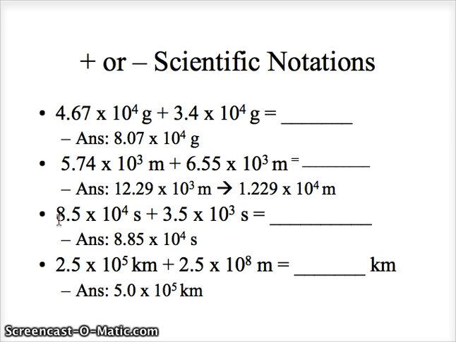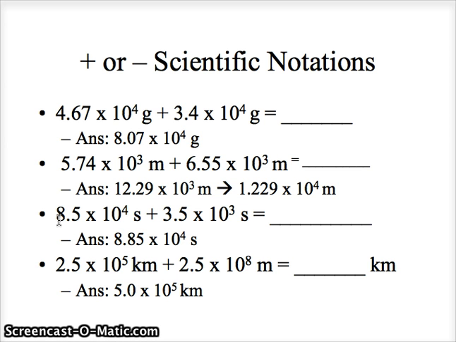So how am I going to change 3.5 times 10 to the third seconds to some base number value times 10 to the fourth seconds? You might have guessed already that you're just going to move the decimal point. Since we have to change the base value to something times 10 to the fourth, we'll move the decimal point to the left by 1.